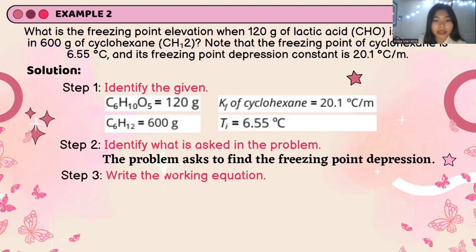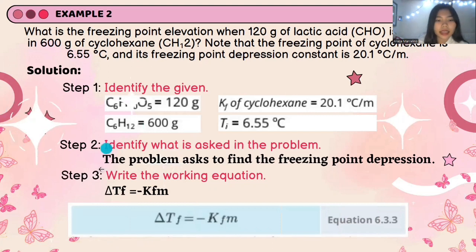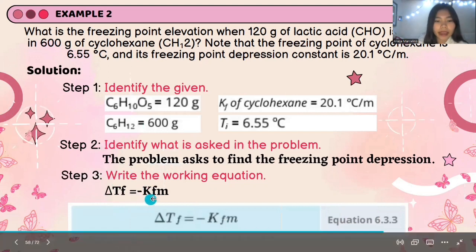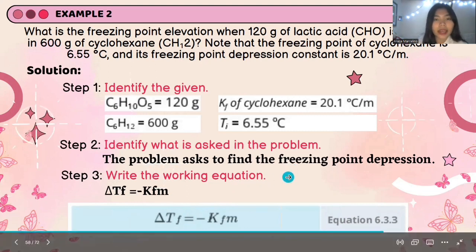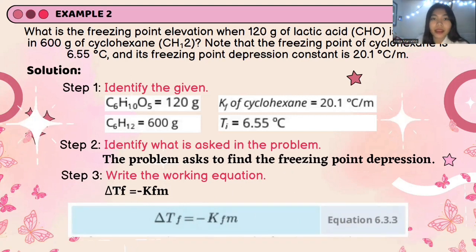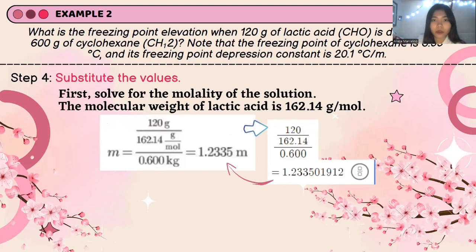Step 3. Write the working equation. And it is read as delta Tf equals negative Kf m. Or just look at this picture so you can understand more clearly. Let's proceed to step 4. Substitute the values. First, solve for the molality of the solution. And you need to identify the molecular weight of lactic acid, which is 162.14 grams per mole.